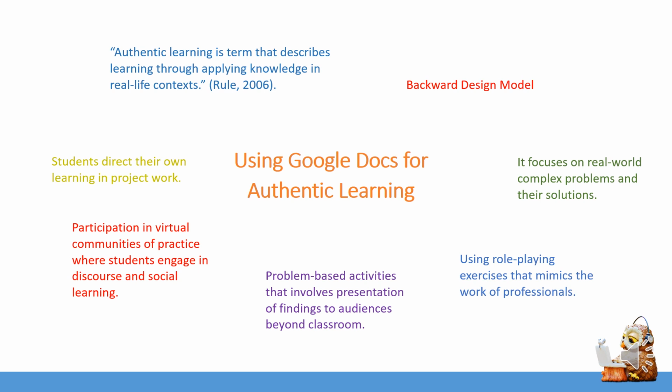Then, as a second phase, I determined how I will evaluate my students' knowledge and understanding of the topic by determining acceptable evidence. And finally, I start planning the experiences and instruction that my students will have during the whole unit by creating activities, materials, and resources that will equip students to accomplish their goals.